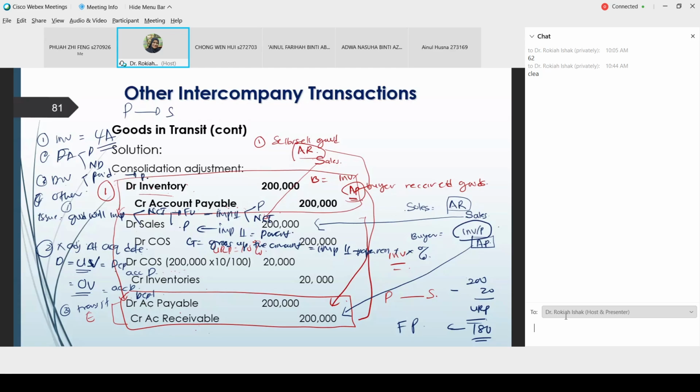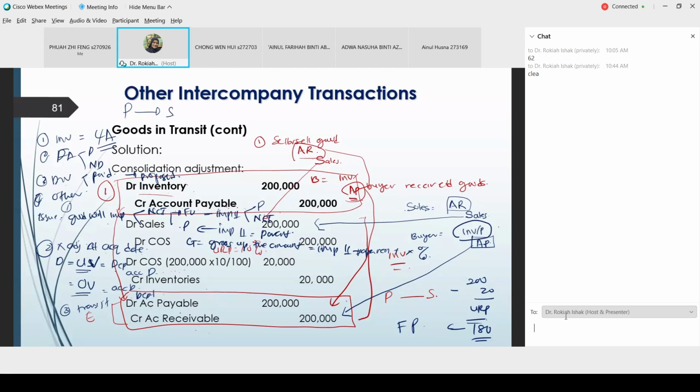Remember the journal entry for paid and proposed also. And then others: the issue here relates to goodwill impairment, then no adjustments at the acquisition date, and the last one is goods in transit. So these are the things that relate to the intra-group transactions between parent and subsidiaries.